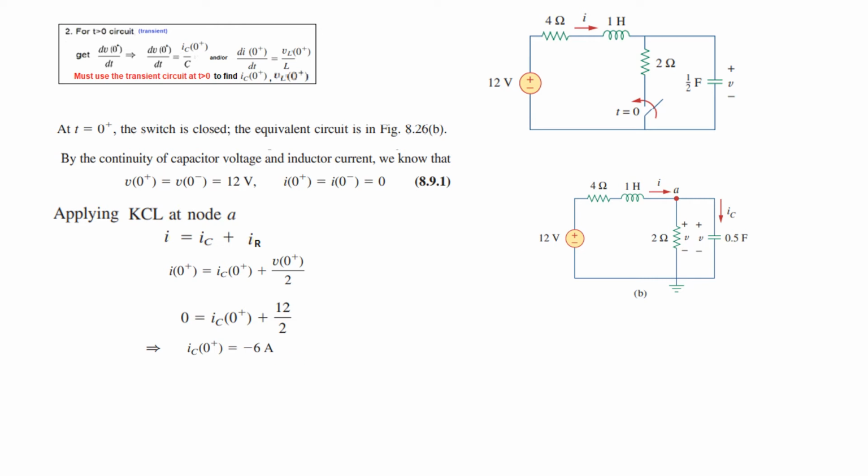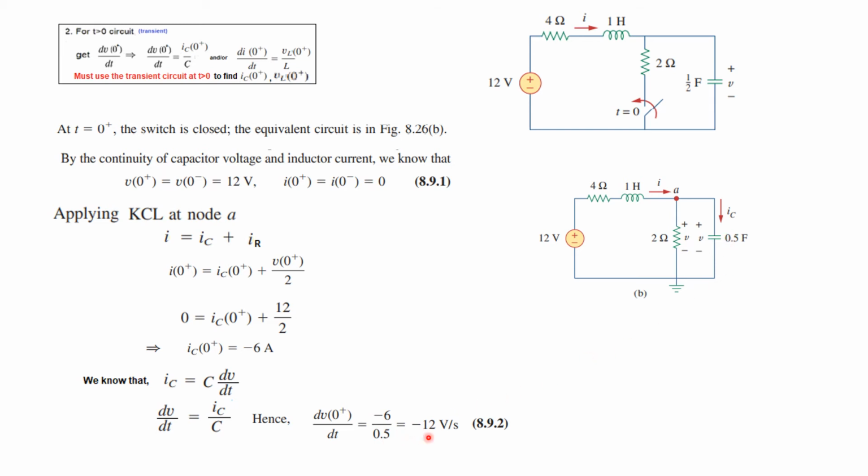Okay, now we need to find the dV/dt terms. For this we know that IC is C dV/dt, and from here we see that dV/dt is equal to IC over C, and therefore for t greater than 0 it will become dV0/dt is equal to IC0 plus over C. Now IC0 plus is minus 6 from here, and C, if you see, is 1 over 2.